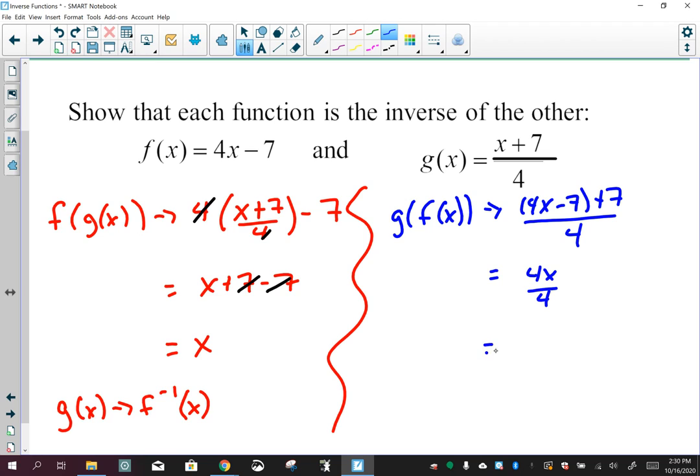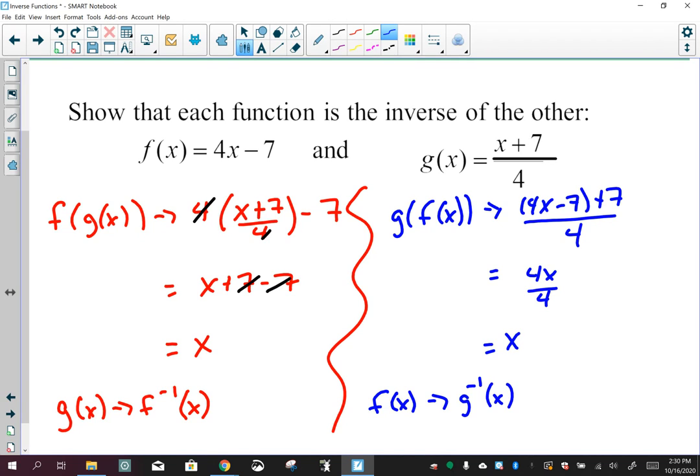My 4's will cancel each other, leave me with an x. So then I can turn around and say that f of x is the same thing as g inverse of x. So by doing this, I have shown that f and g of x are both inverses of each other.